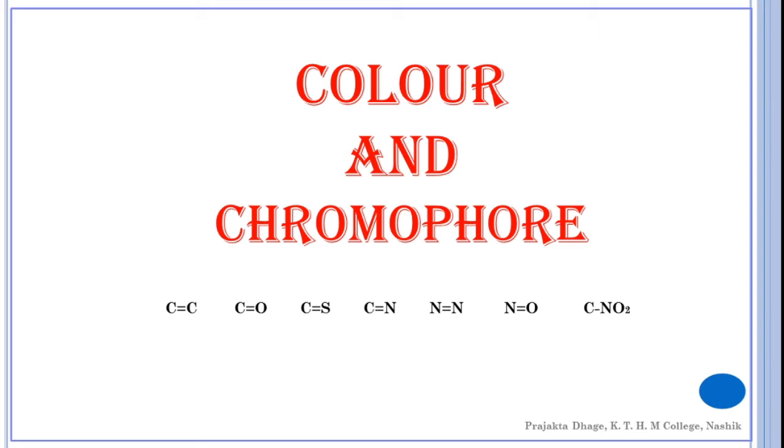With organic compounds such as dyes, the absorption of visible light is largely attributed to the electrons associated with combinations of atoms known as chromophores.